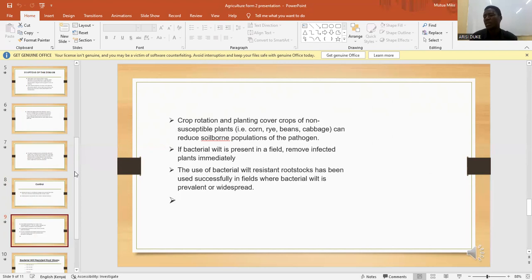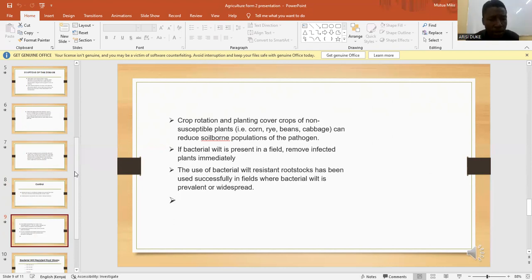If you practice crop rotation and plant cover crops that are unsusceptible, like corn, beans, and cabbage, you can eventually prevent this disease from attacking crops.